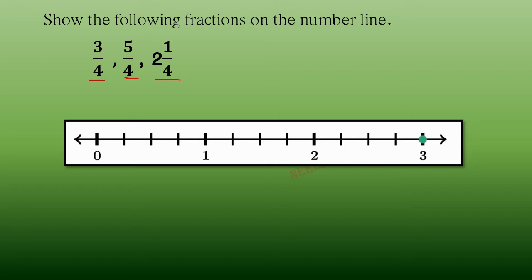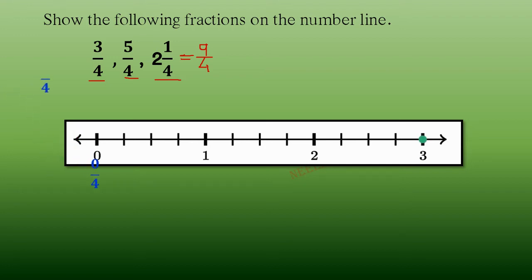Okay. Now, this mixed fraction 2 1 by 4 means 4 2s are 8. Here we are multiplying the denominator by this whole number, 4 2s are 8, and adding the numerator, that is 9 upon 4. Okay. Now 3 by 4.